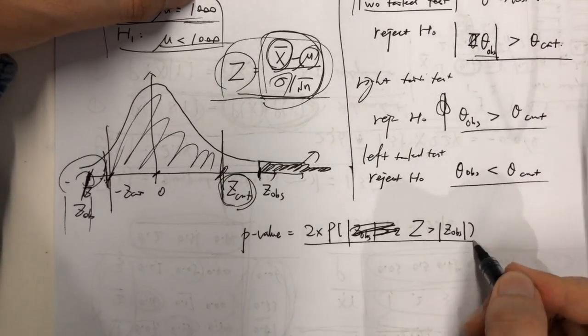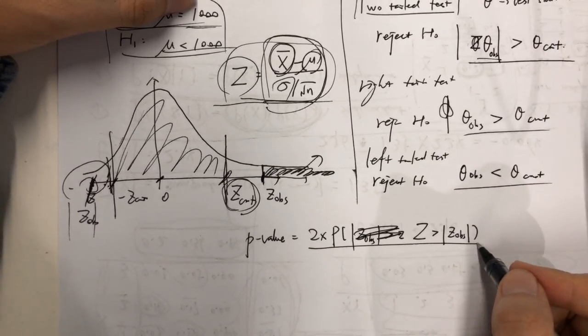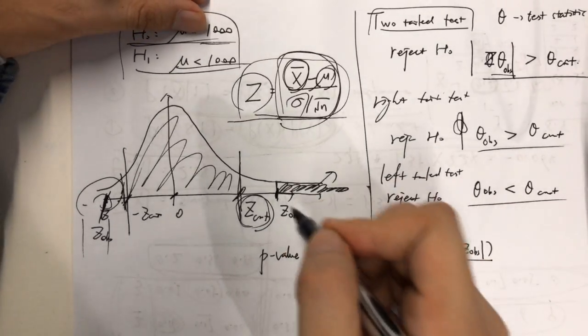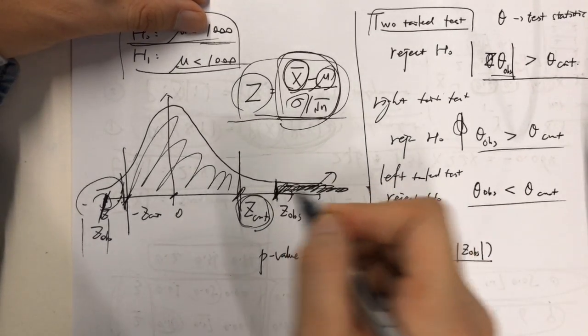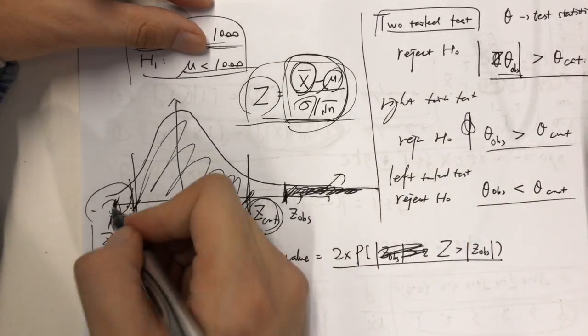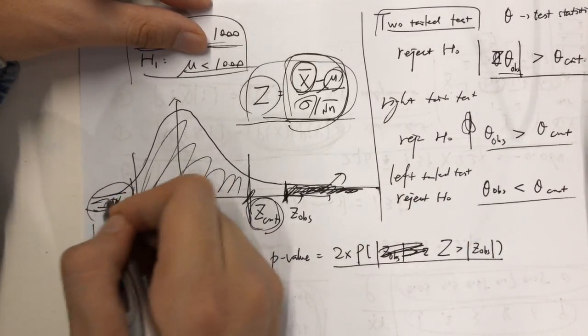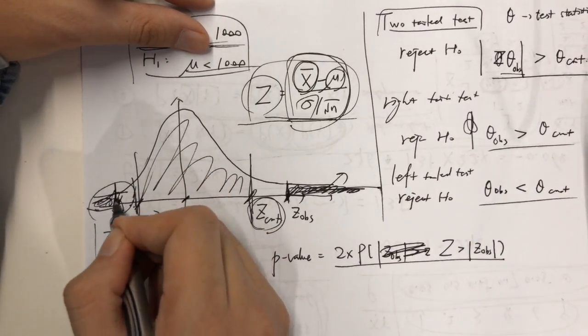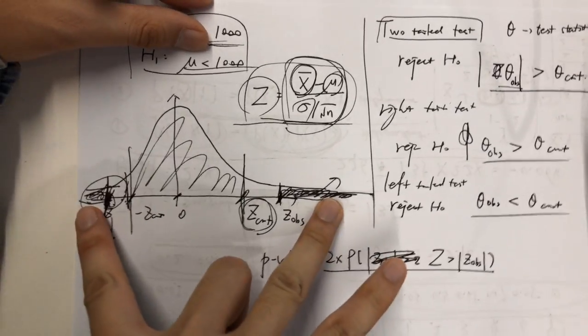So this is how we calculate the p-value for a two-tailed test. And it basically means the probability to the right-hand side of this value and the probability to the left-hand side of the minus value, okay? So the two of them add together.